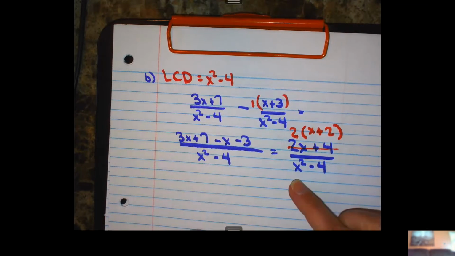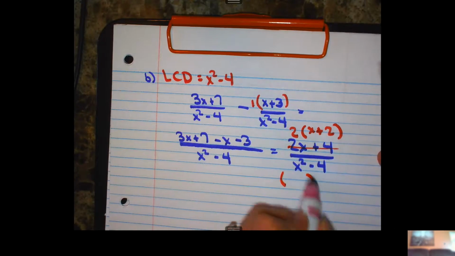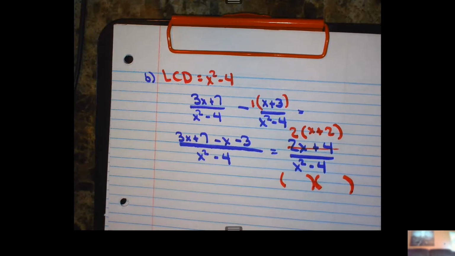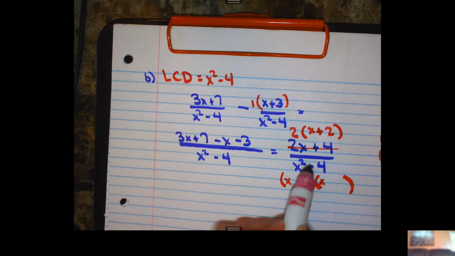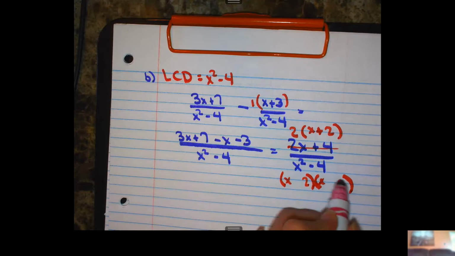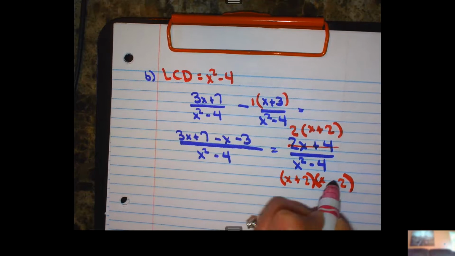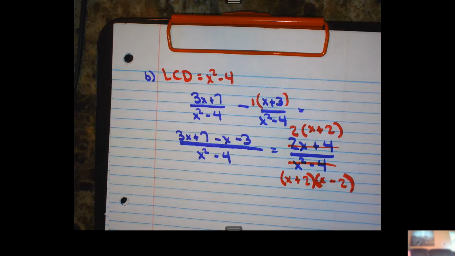On the bottom, there's no GCF, but there's a power of 2 with subtraction. So I can do 2 sets of parentheses, x and x in the front. Factors of 4 that subtract to give me nothing in the middle means it has to be the same number. So 2 and 2, and opposite signs, 1 plus, 1 minus. So I just changed the bottom. Now, if you take a look, there is a factor that's in common, top and bottom.